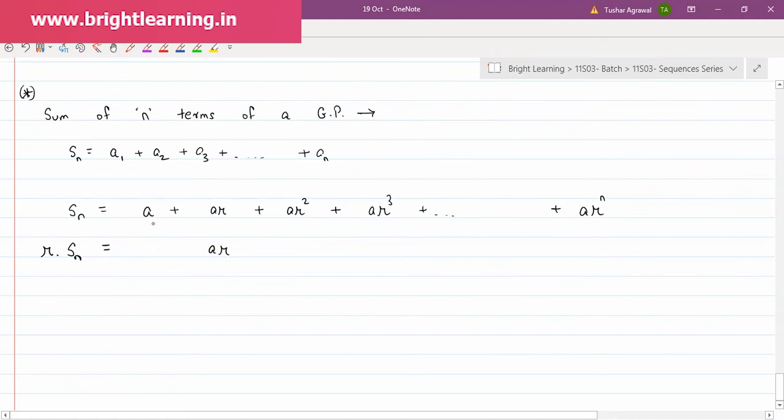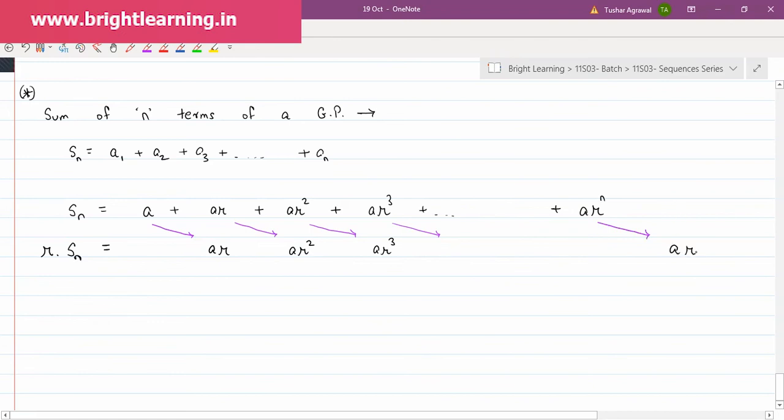This way I've shifted the sequence one step ahead. ar into r will be ar square, this ar square into r will be ar cube, and so on. It will be shifted: ar to the power 4.